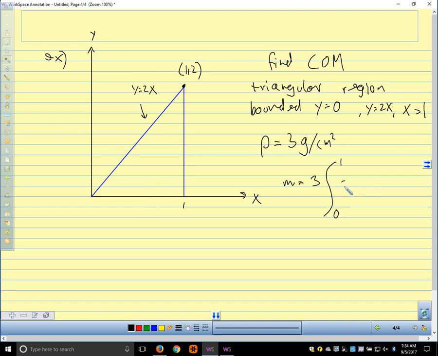So it's just 2x dx. And when I evaluate this integral, I get 3 grams. So we get 6x squared over 2 from 0 to 1, so we get 3 grams.